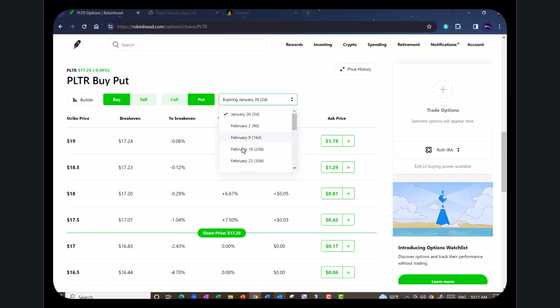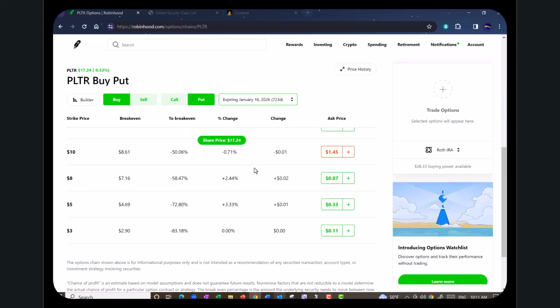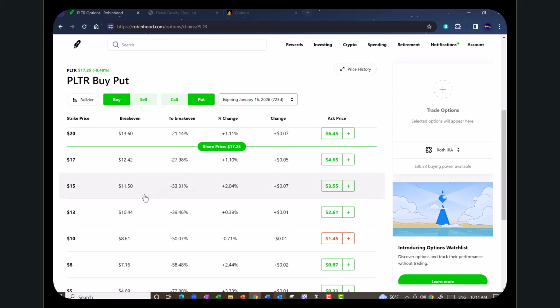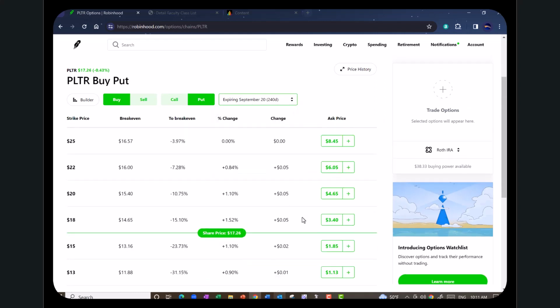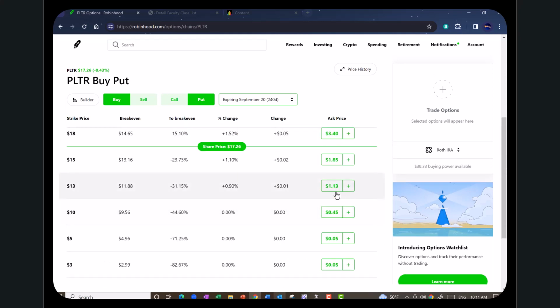And maybe I'm going to do this relatively long term. About $10. Since this is a protection for about 2 years, it's pretty expensive, but if you want shorter term, maybe about 8 months. Yeah, $1.13.